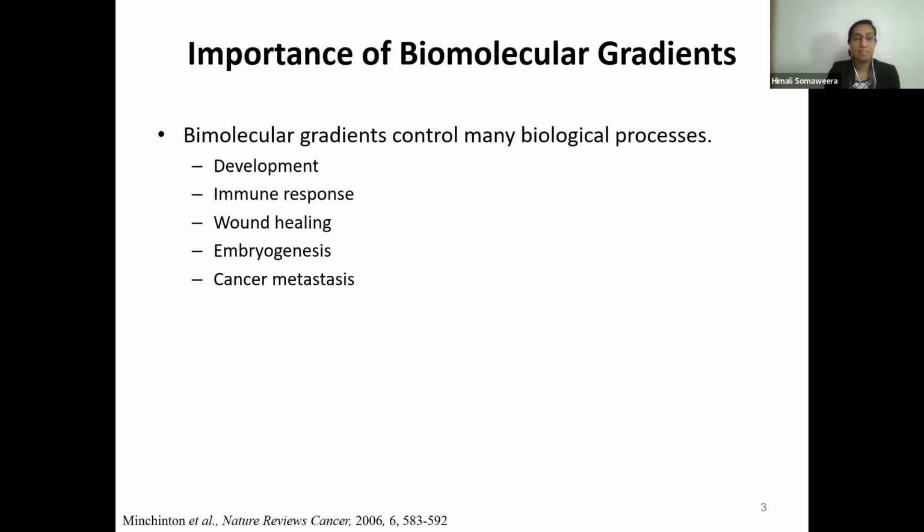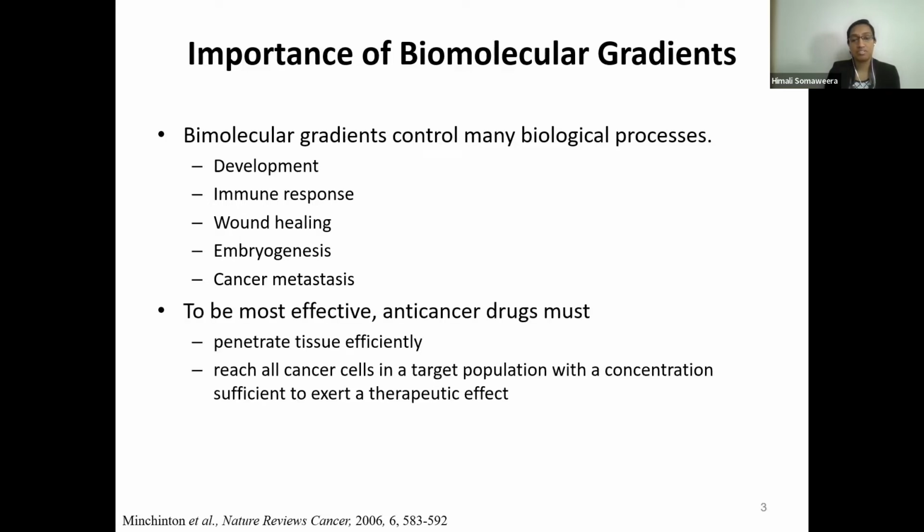Specifically, I focused on cancer cell therapeutics and finding drugs, and the problems faced these days. To be an effective anti-cancer drug, it must penetrate through the tissues efficiently, and it should target the population with the desired concentration to exert a sufficient therapeutic effect.